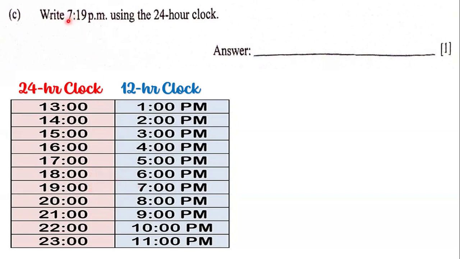And so notice that we have 7:19, and here this is 19 o'clock. So 7 p.m. corresponds to 19 o'clock on the 24-hour clock.